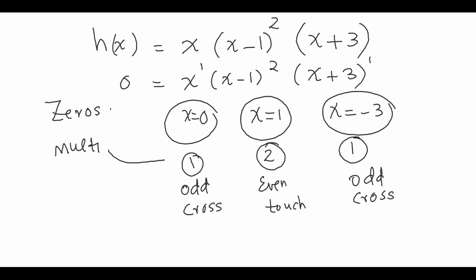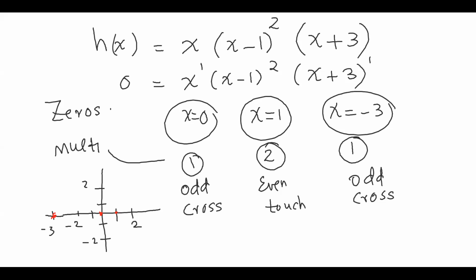Okay, so what does that mean? I'm going to show you the graph here. I'm going to plot all the zeros. This is the first zero, x equal to 0, and 1, and -3. Now at -3 and 0, it's going to cross.